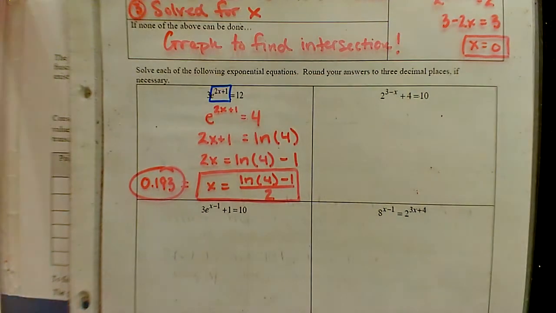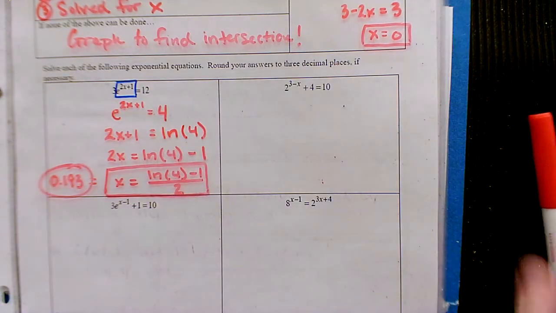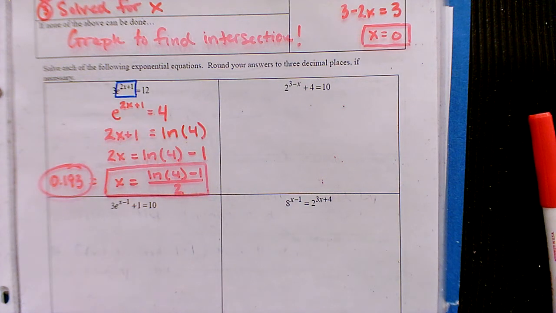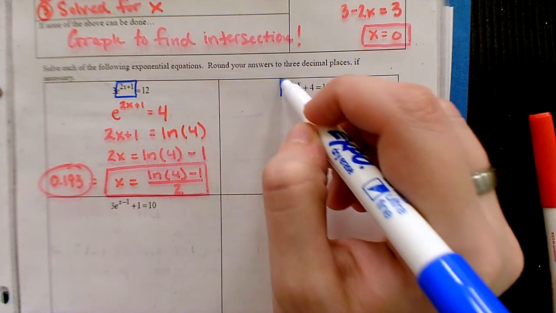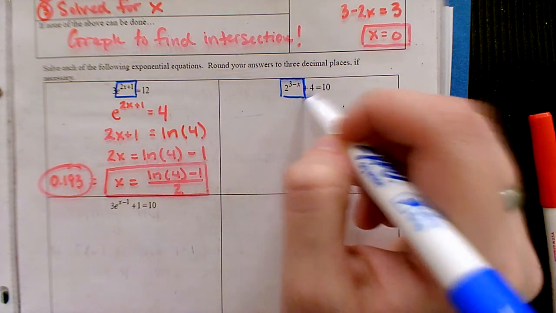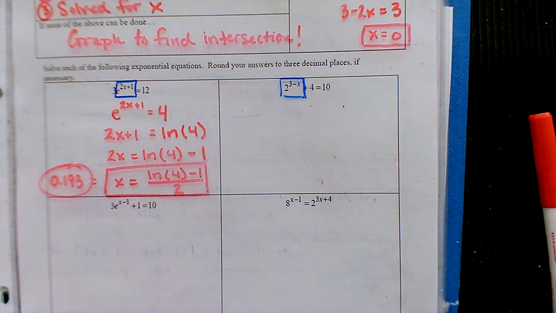Let's try another one. Take a look at the right example. Can we identify the exponential part? Base to power, that'd be 2 to the 3 minus x. We want to get that all by itself.